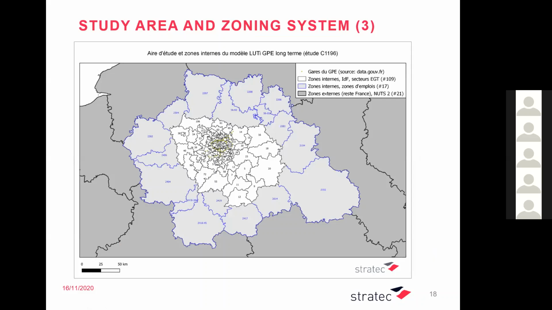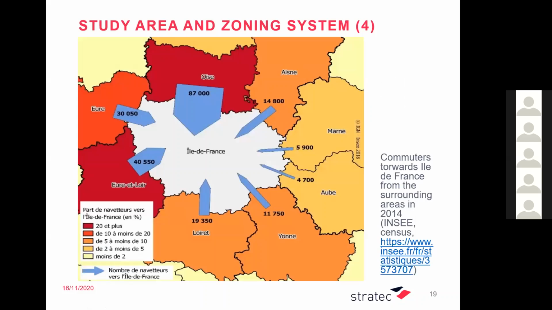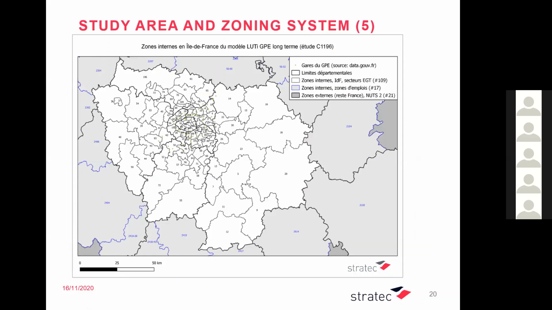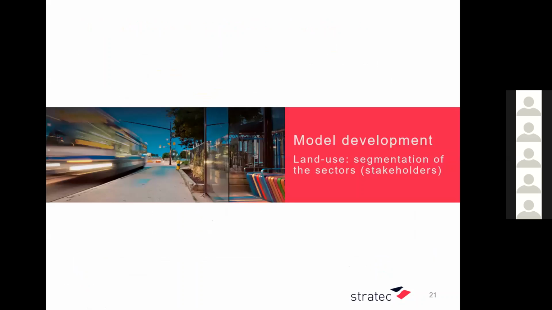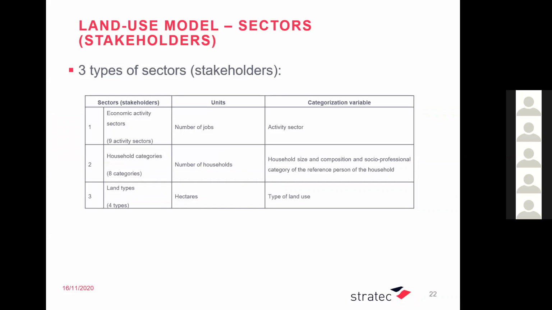Here you have just a view on the zoning system. As I said, 126 zones for the study area and 21 for the remaining external zones. Next, the segmentation of the households and the segmentation of the activity sectors.